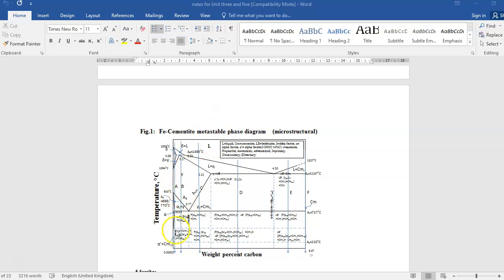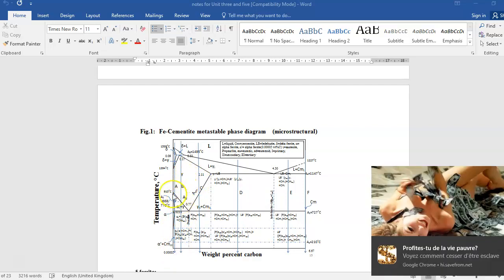Now from room temperature till 910, you do not get a change in the structure, so alpha is there. What is the maximum percentage of carbon in alpha at 910? It is 0. At 727 it is 0.025, and at room temperature, or 0 degrees, it is 0.008.